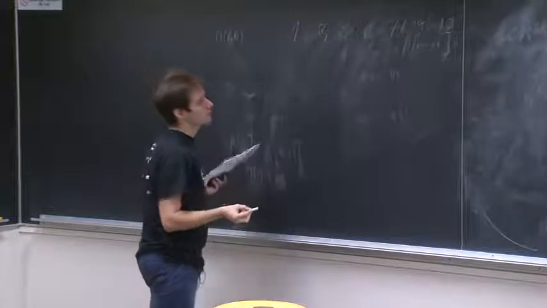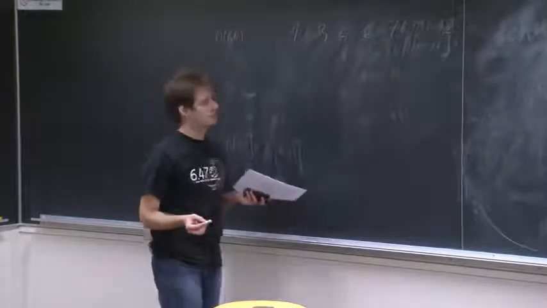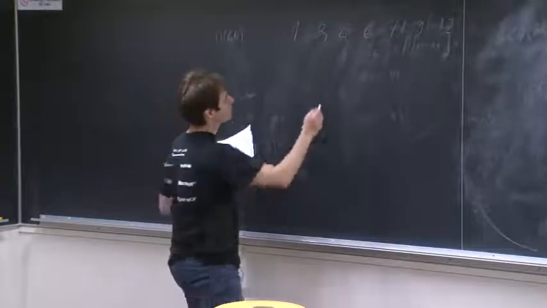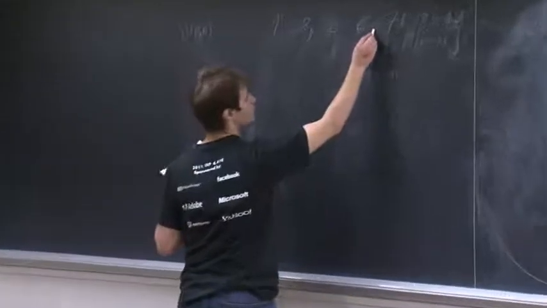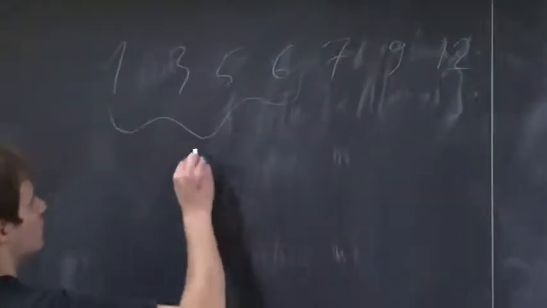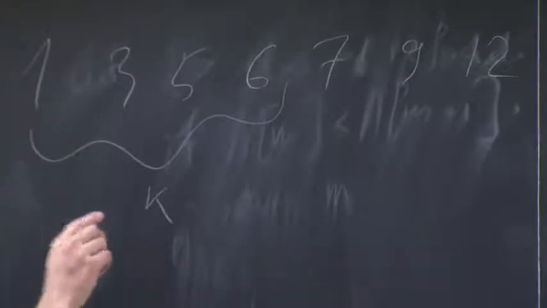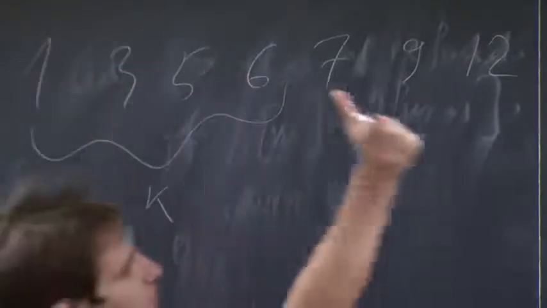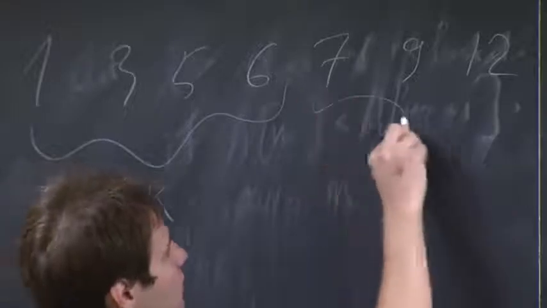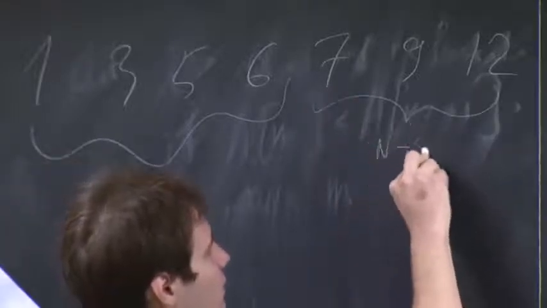Well, instead of this, we're given a shifted array. Shifted means that, say you're shifting the array by k elements. We're taking these guys. So the array is shifted to the left. So these k elements end up on the right, and these n minus k elements end up on the left.